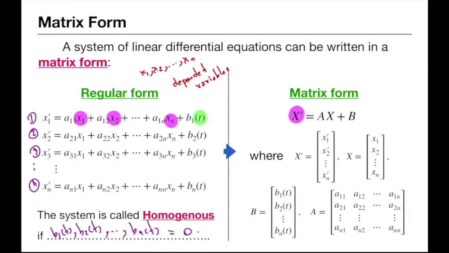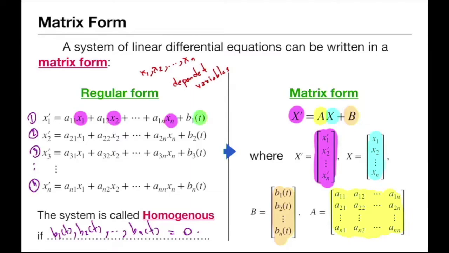Here x prime is this guy, and A is this guy, and b is this, and of course x is this.